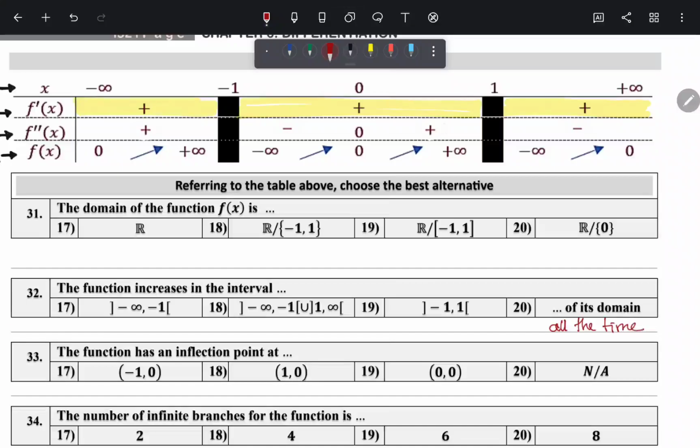And in my question, it increases all the time, so this is the correct choice. So this is how we deal with the first derivative in the table. He has to say except minus 1 and 1, the gaps, because the gaps are not going to be included in any solution. They're not in the increase or decrease intervals. Okay, this is how we deal with the first derivative in the table.